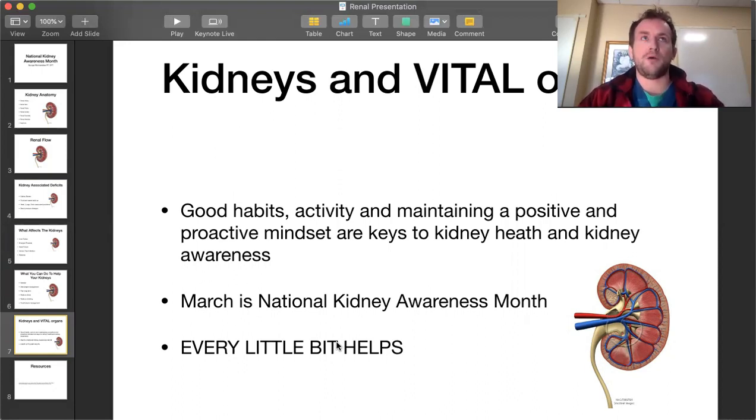So putting off, okay, I'm going to walk tomorrow, or I'm going to change my diet tomorrow, well, immediately you're not going to have a problem, but long term, it may lead to some effects down the road. So just be conscious and cognizant that every little bit helps. That doesn't mean that you can't give yourself a treat every once in a while, but having a good mindset about the whole kidney and the whole body is essential.